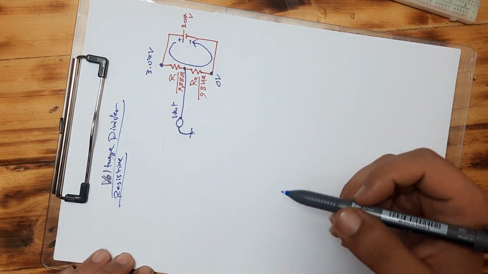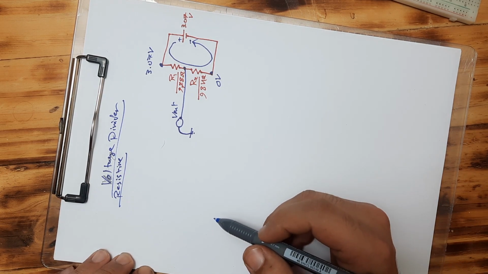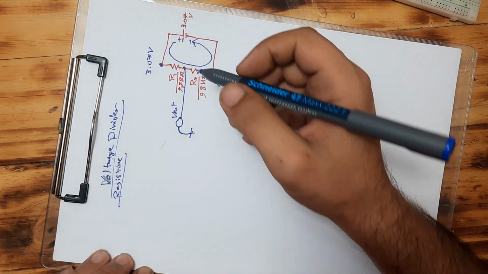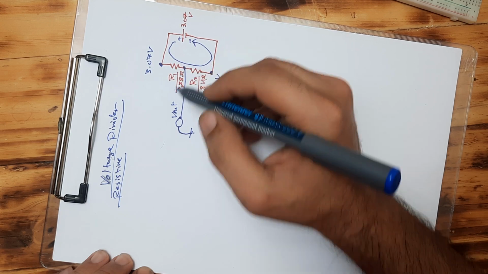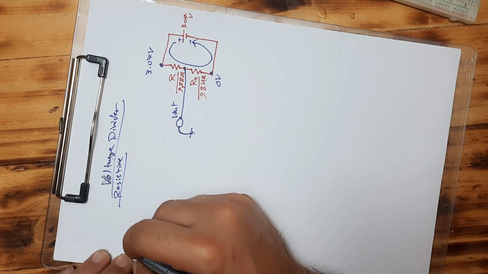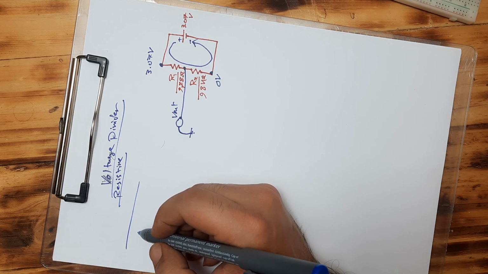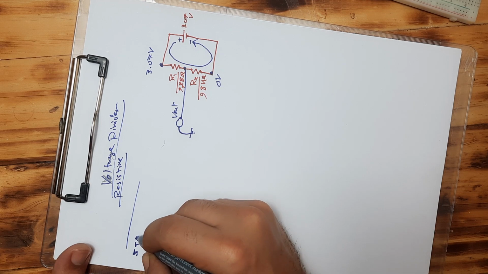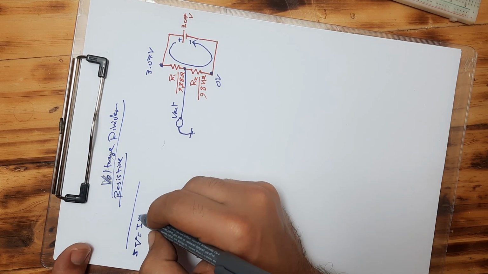Actually, it's very simple. We can use Ohm's law, and then we will talk about an equation related to the voltage divider. So before everything else, we have voltage, we have resistance. Ohm's law, if you remember, states that voltage equals current times resistance.